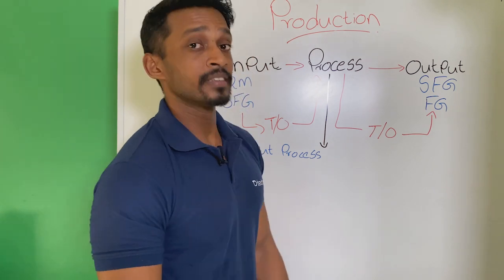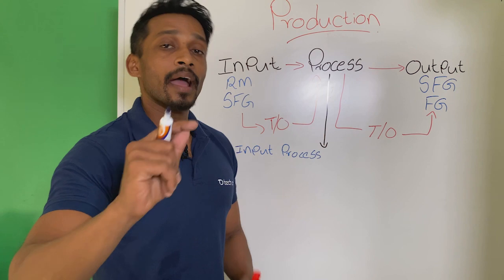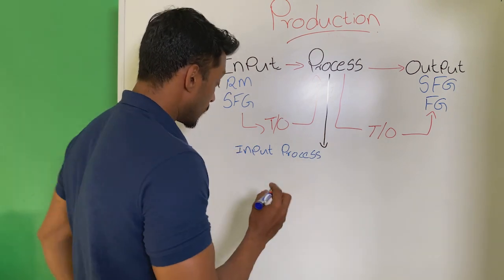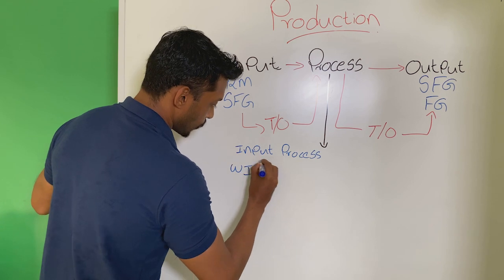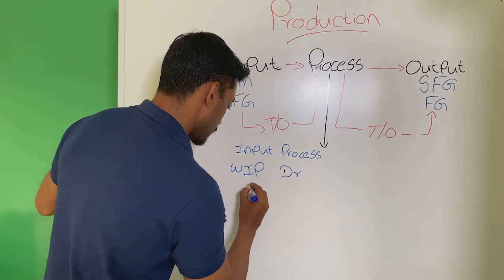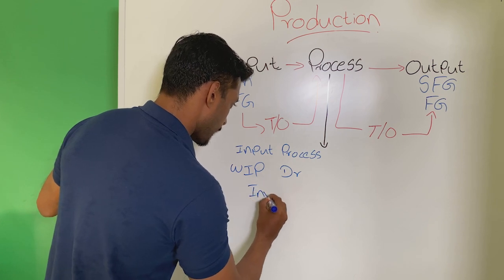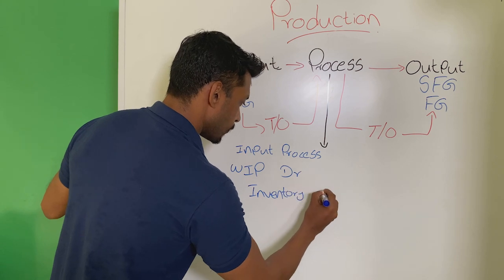And which account gets debited? Actually it gets debited to the WIP account, which means work in progress account. The WIP account gets debited, inventory credited.